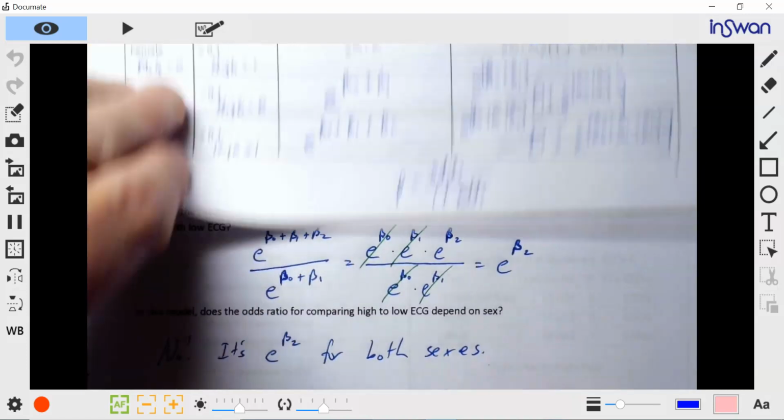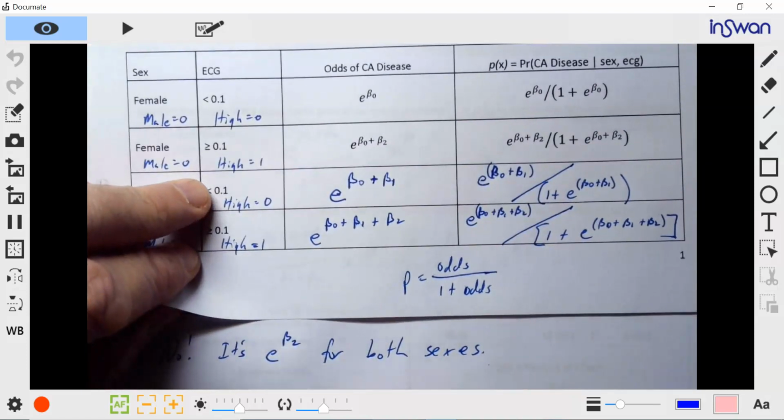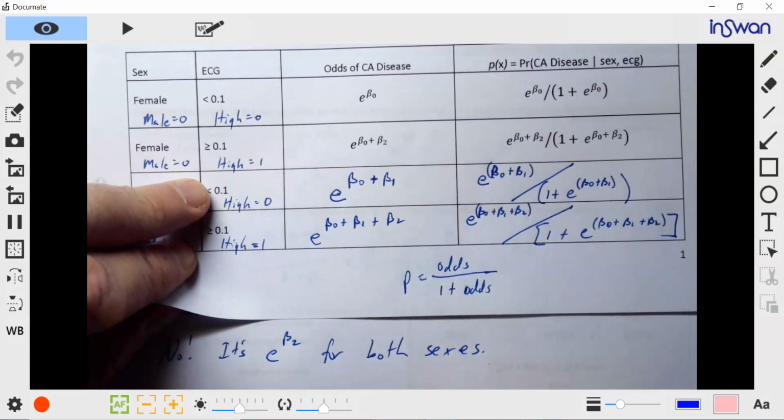Females with low ECG would be e to the beta 0. And we can cancel things out, and that just turns out to be e to the beta 1.